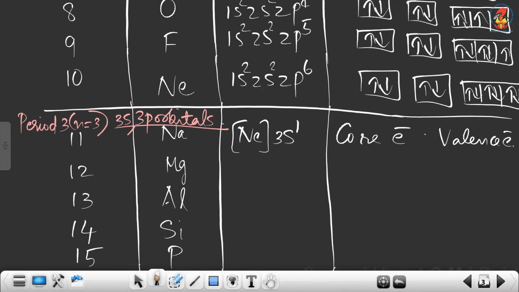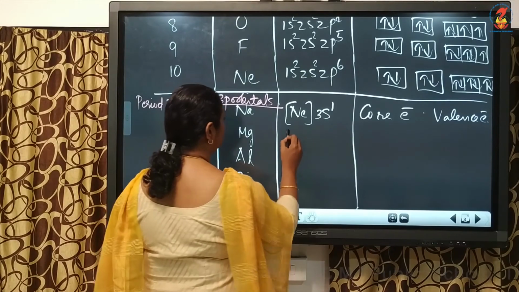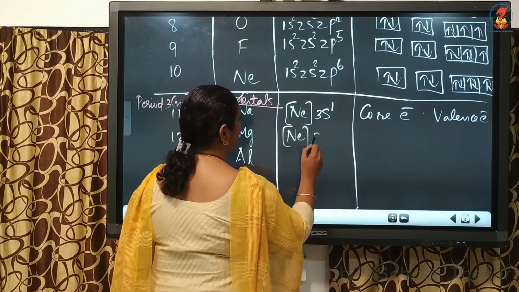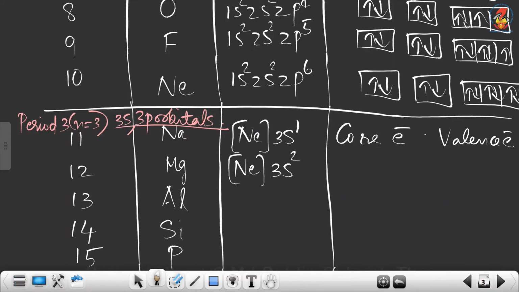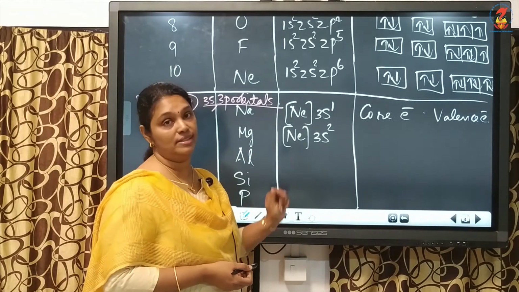For magnesium, I can write neon 3s2, because 3s can accommodate one more electron. Neon is the core and 3s2 is the valence electrons in magnesium, so magnesium has 2 valence electrons.